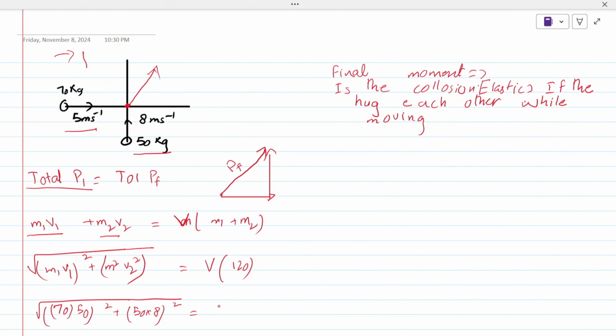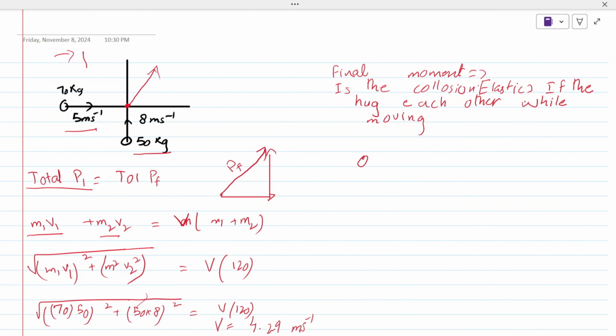Let me calculate it on my calculator. By solving this equation, we get V equal to 4.29 meters per second.